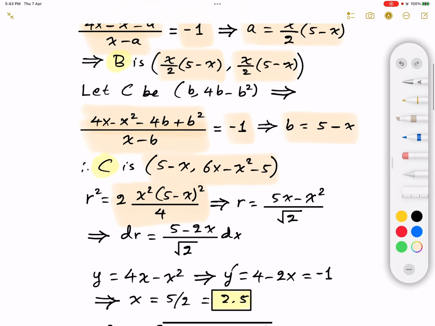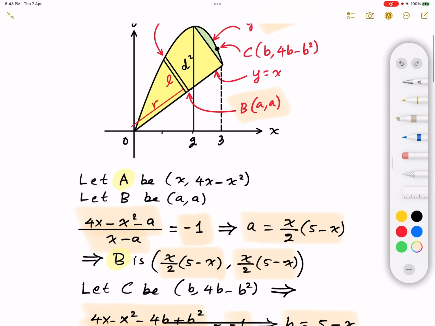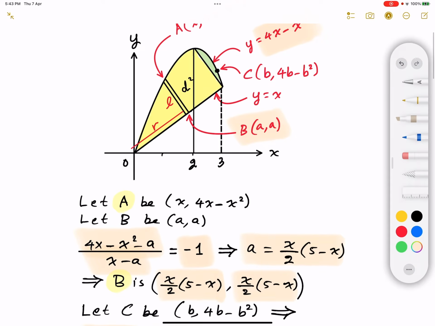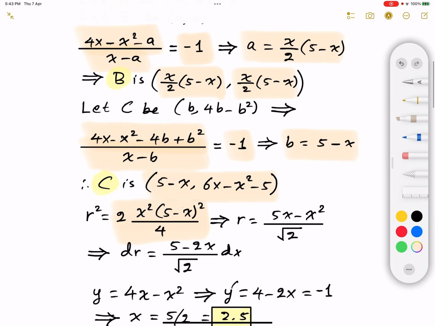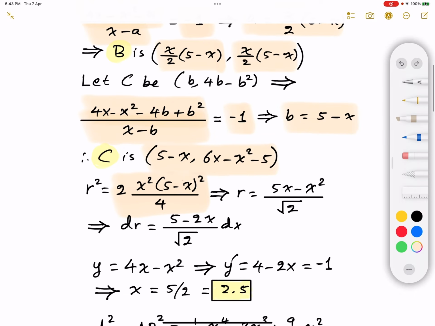How did I calculate that? It's the distance between two points, the origin and point B. Since we know the coordinates of point B, we can easily calculate the distance squared between the origin and point B, and from that we calculate R by taking the square root. That gives us R equals 5x minus x squared divided by the square root of 2.